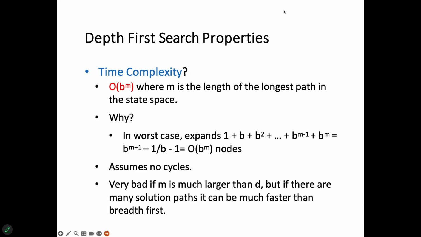So what else? We also have the time complexity of the DFS. So how can we calculate the time complexity for the depth first? If you remember in the breadth first, I said we start from the root node, right? And then from the root node, I go to the next.